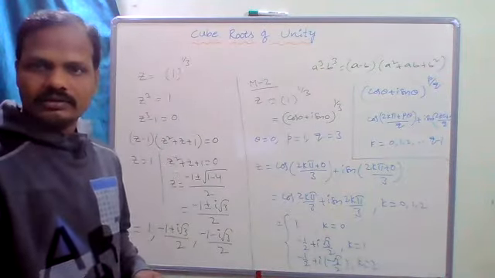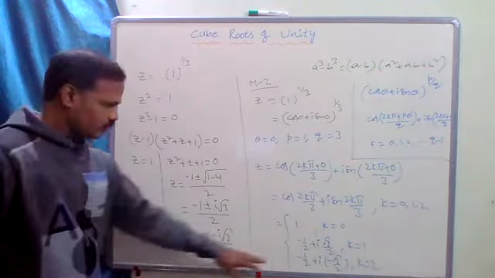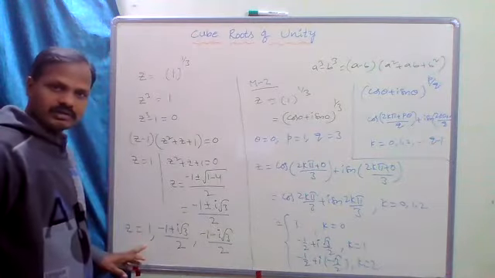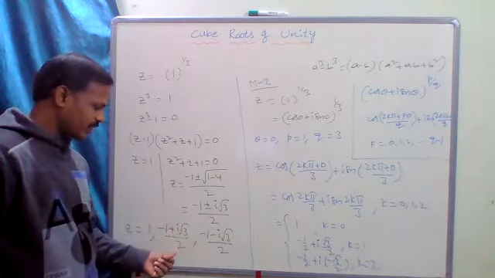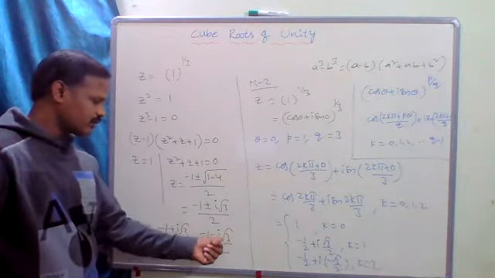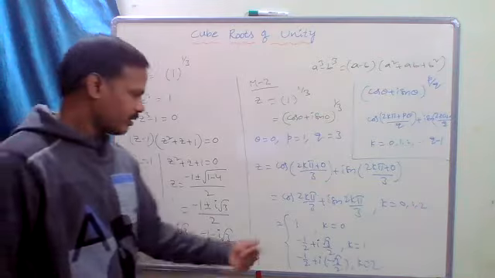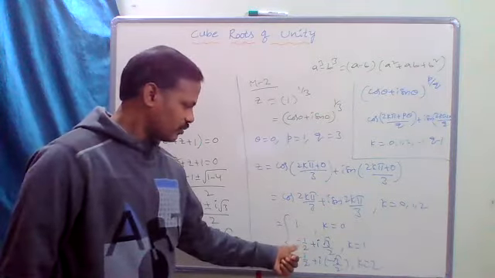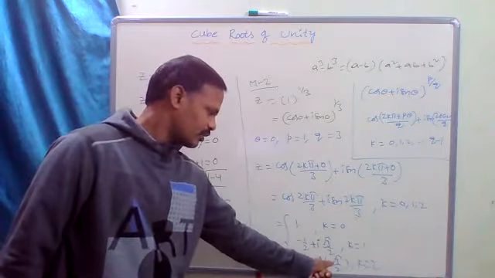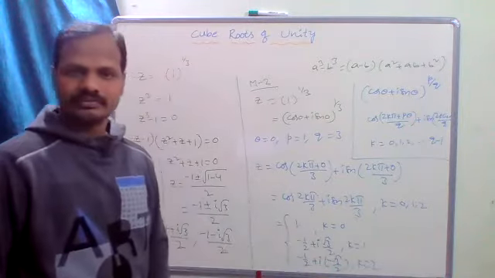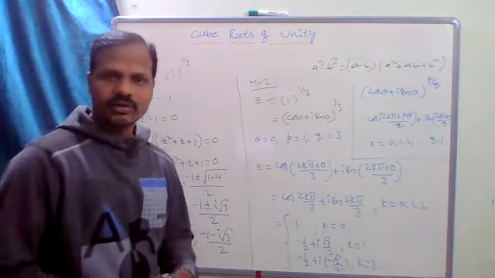See, these two methods give equal roots. In method 1, you are getting 1, minus 1 plus I root 3 by 2, minus 1 minus I root 3 by 2. Here also 1, minus 1 plus I root 3 by 2, minus 1 minus I root 3 by 2. Clear? Okay, fine.